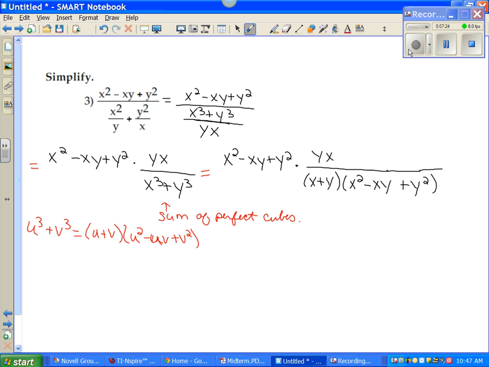Yeah, so then this cancels, right? And I'm left with yx over x plus y, or xy, doesn't make a difference. Okay, so you should probably know how to factor sum of two perfect cubes.